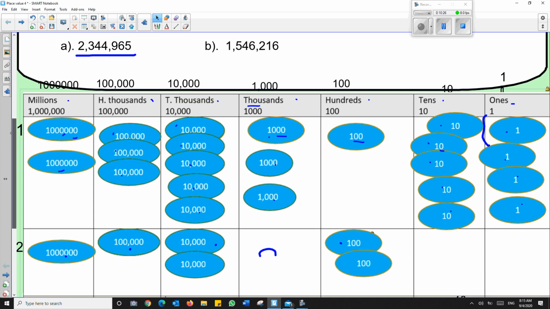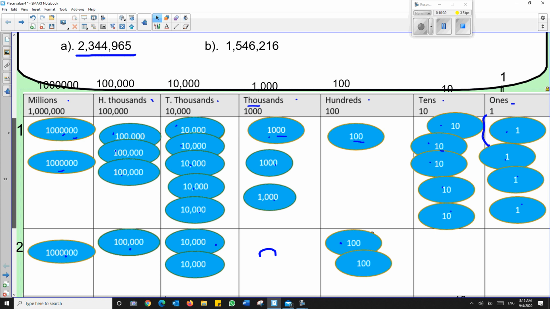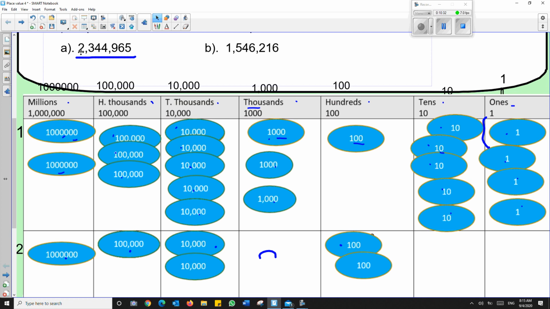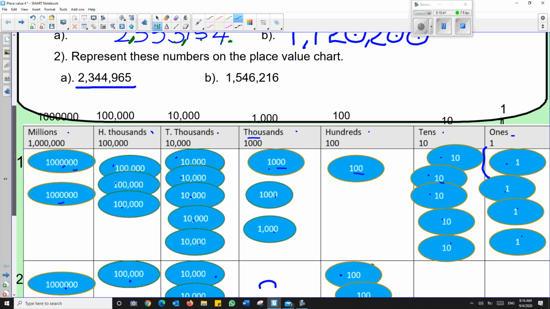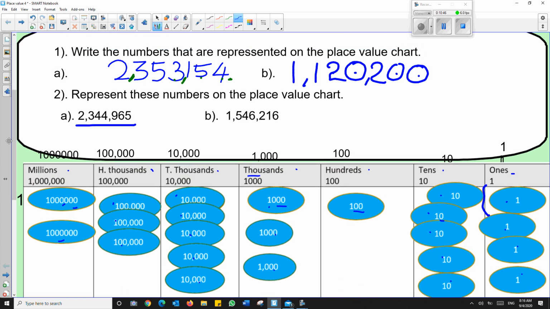So we have represented the number 2,344,965. So your task is to write the numbers that are represented on the place value chart. Then the second task is to represent the numbers on the place value chart.